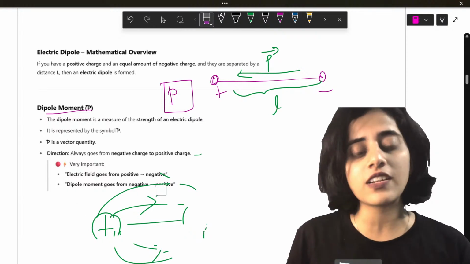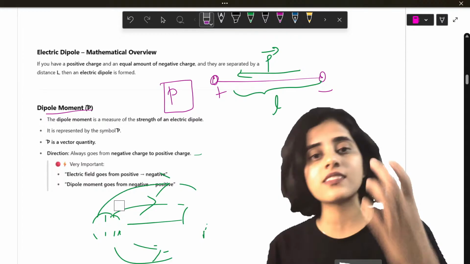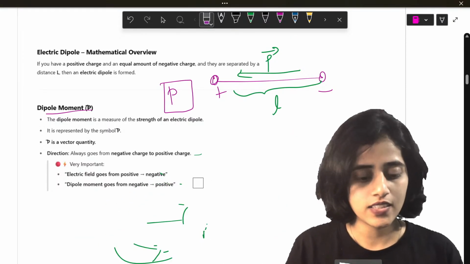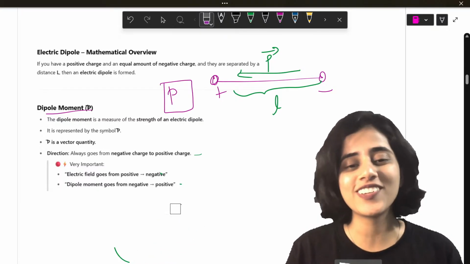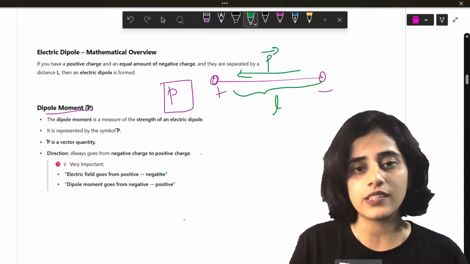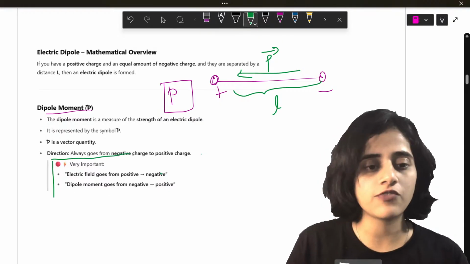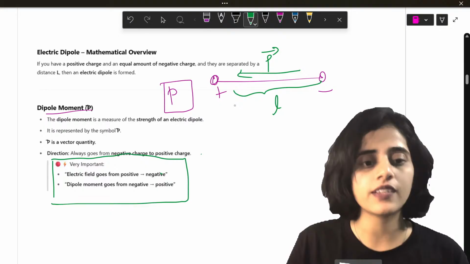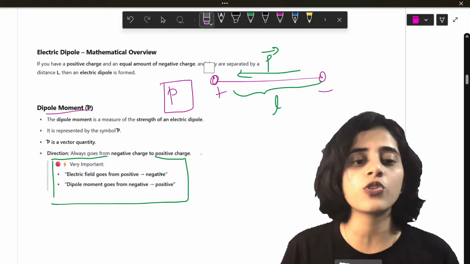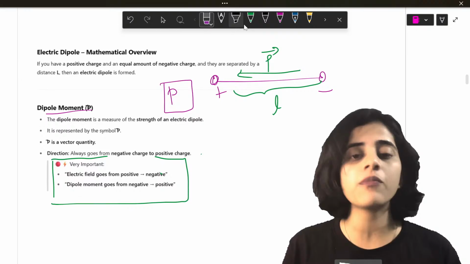A quantity that is determined by direction and magnitude. So these are two important points. Electric field goes from positive to negative, but dipole moment goes from negative to positive.